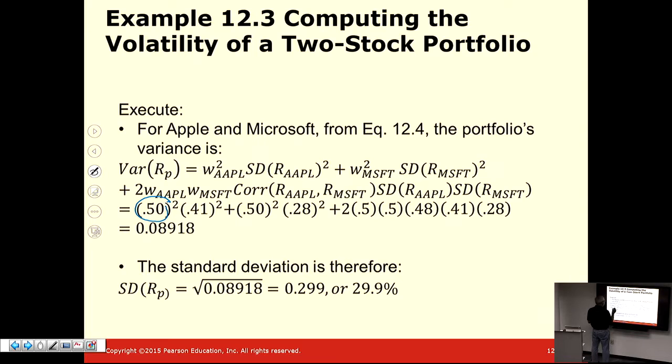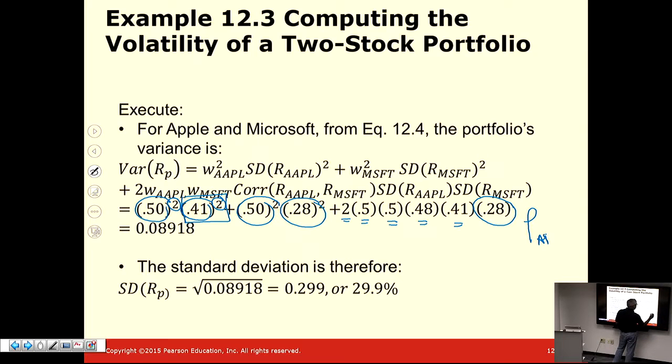I take the weight of Apple, square that, multiply that by the standard deviation, squared. Essentially, this is the variance. Same thing, weight of Microsoft, squared, multiplied by the variance of Microsoft, 2 times weight of Apple, weight of Microsoft, standard deviation of Apple, standard deviation of Microsoft, and this is the correlation between Apple and Microsoft. So this is correlation between 1 and 2.